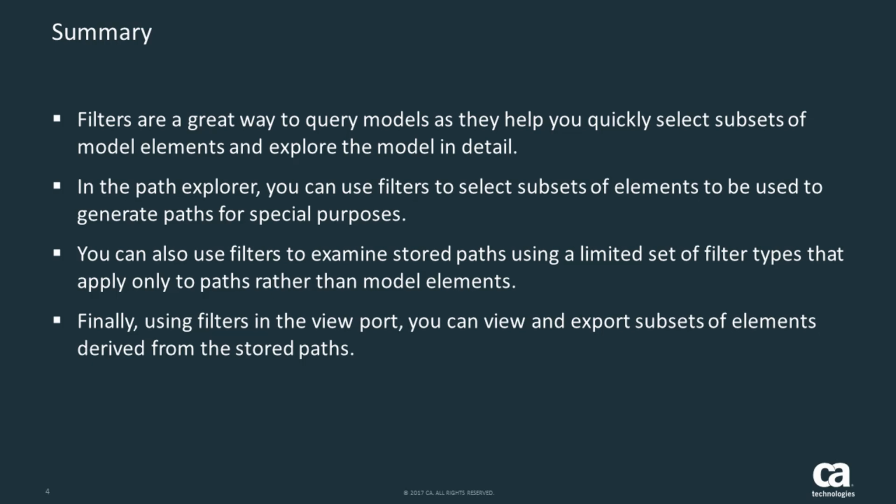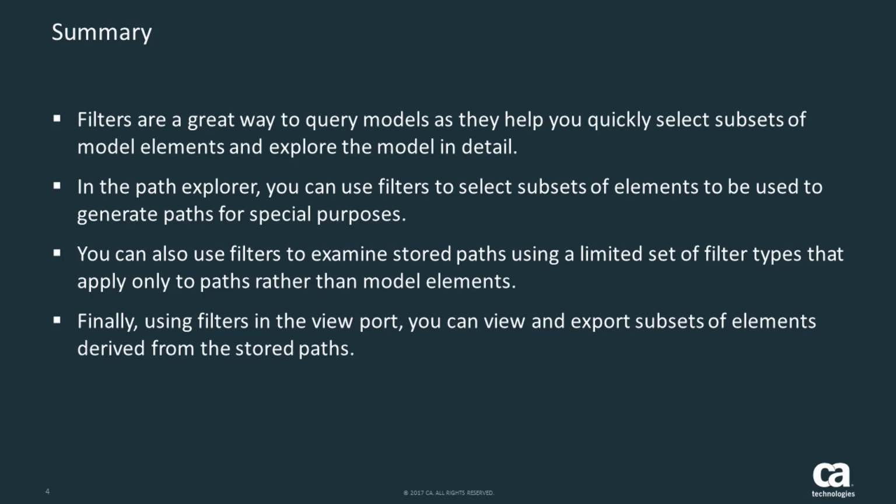Now, in the Path Explorer, when you use filters, you can select subsets of elements to be included in the paths that are generated, or to generate paths that exclusively use the elements that are selected by the filter itself.